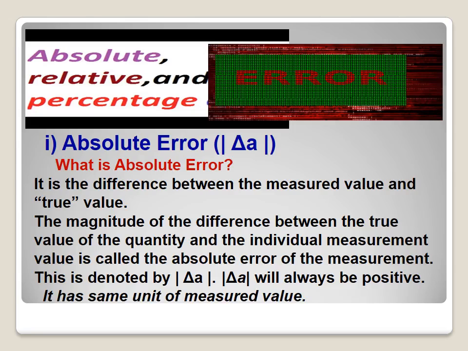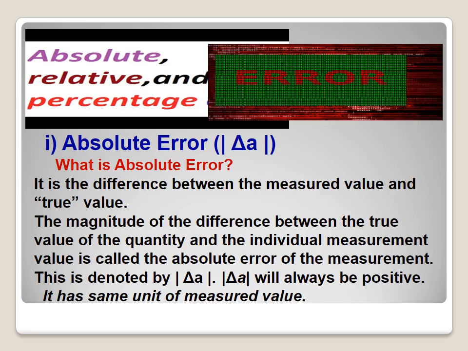First one is absolute error, which is represented by modulus of delta A, or mod of delta A. What is absolute error? It is the difference between the measured value and true value of a physical quantity.